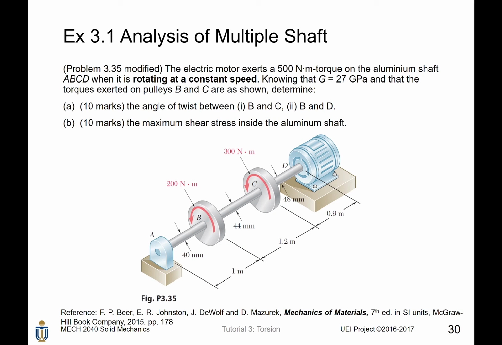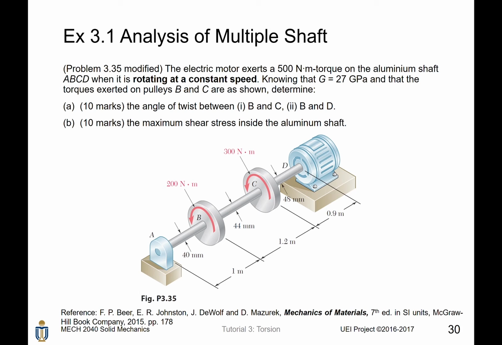After talking about lots of theory and formulas about elastic torsion, let's apply what we have learned to a practical problem. The electric motor exerts a 500 Nm torque on the aluminum shaft ABCD when it is rotating at a constant speed.